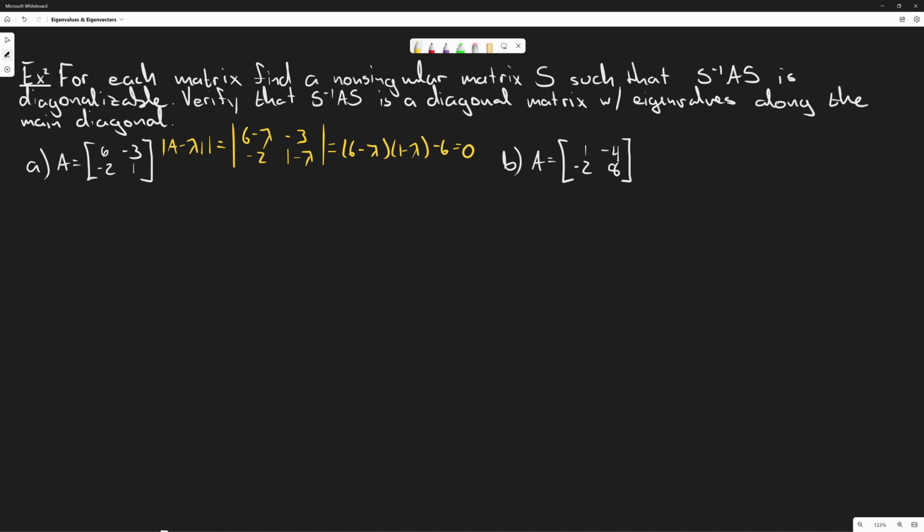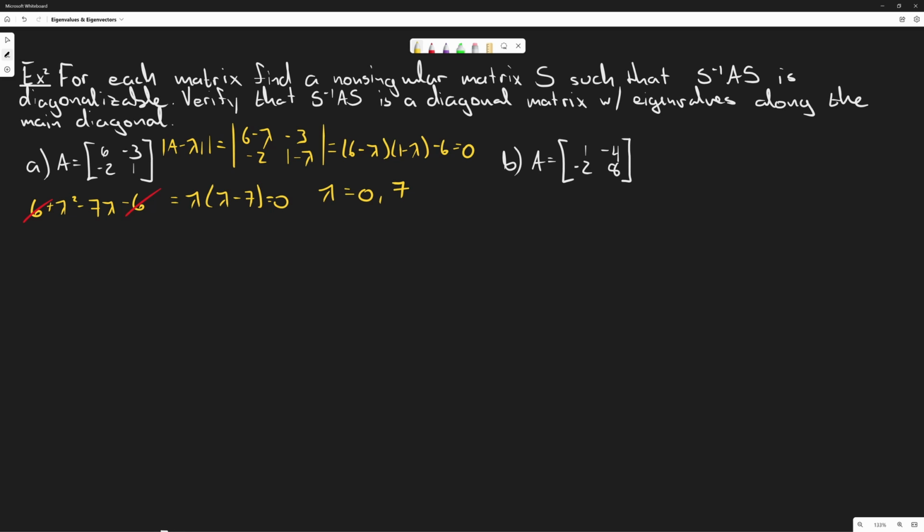We are going to distribute a little bit more. So we have 6 plus lambda squared minus 7 lambda minus 6. The 6's will cancel out, how lovely. And we can factor out the lambda as well. So we have lambda times lambda minus 7 equal to 0, and that will only be true when lambda is 0 or 7.